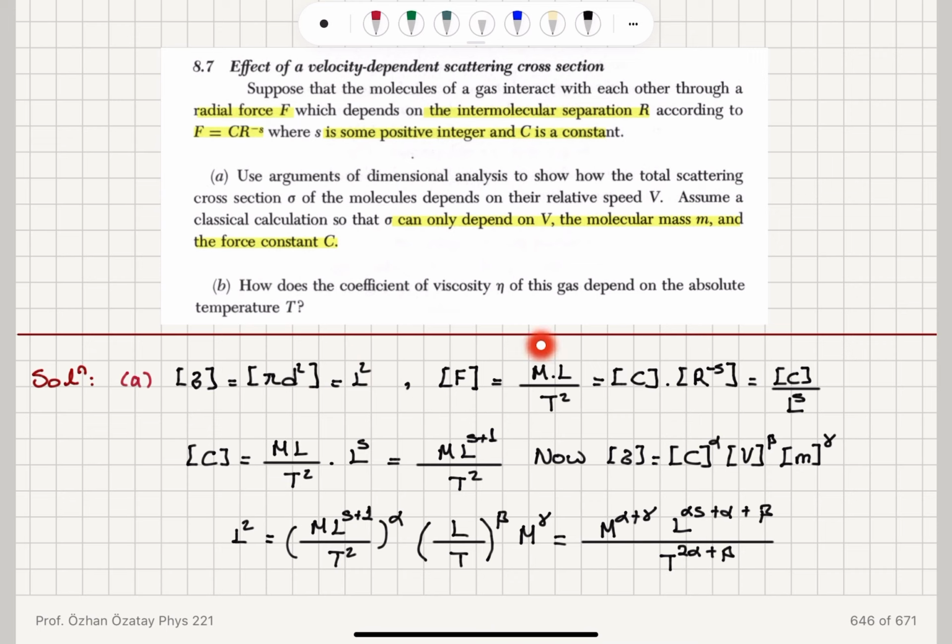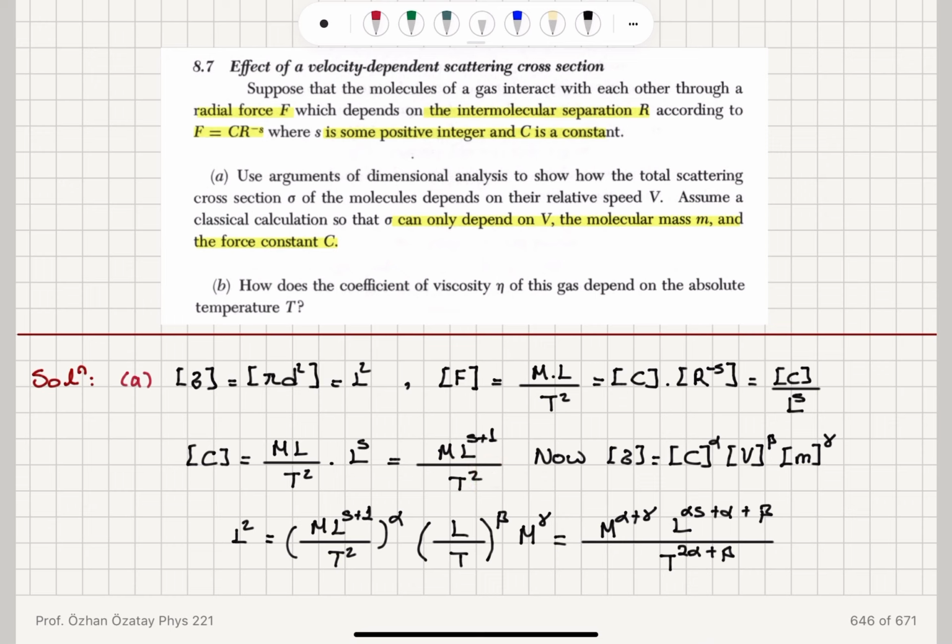Dimension of the force is mass times acceleration, m L over t squared, which is the dimension of C divided by L to the power s. So we obtain the dimension of C as m L over t squared multiplied by L to the power s, m L to the s plus 1 over t squared.